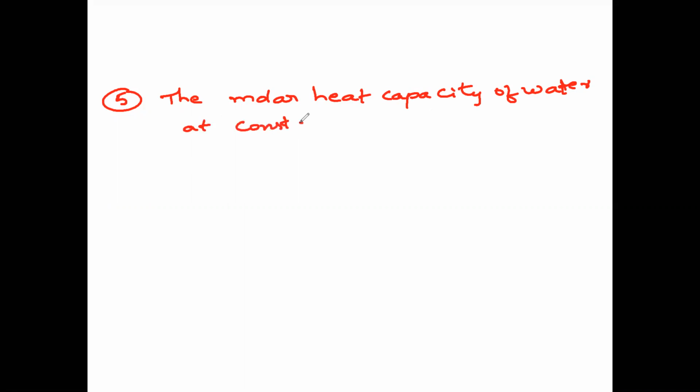The molar heat capacity of water. See here, the molar heat capacity of water at constant pressure, Cp, is 75 joules per Kelvin per mole.